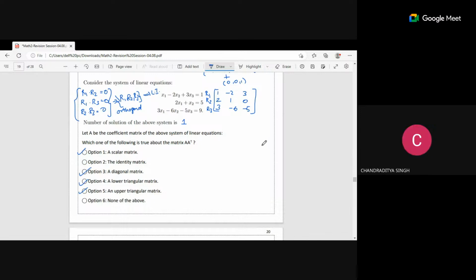You also need A transpose A equal to identity. The other way around also you need. Here you see the columns are not orthogonal. You need both A A transpose and A transpose A equal to identity. Only when both conditions are there, then it will be orthogonal.